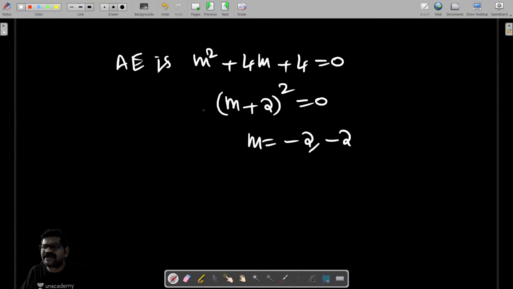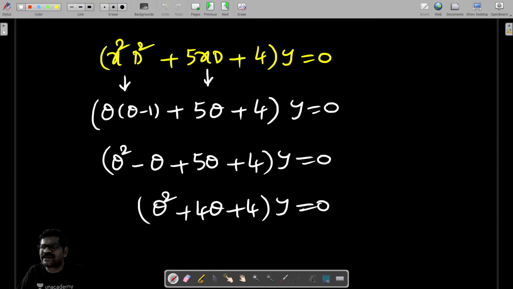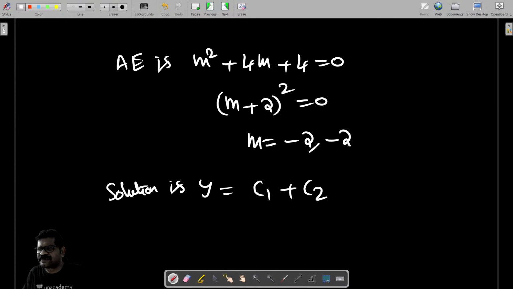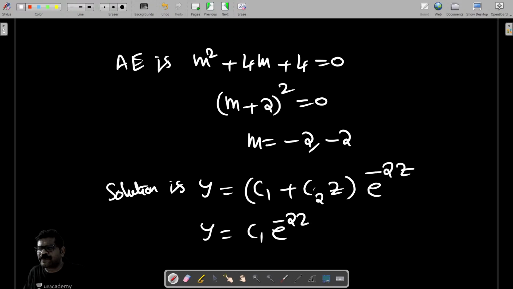Now the solution is y is equal to C1 plus C2 z into e power minus 2z. That is nothing but C1 e power minus 2z plus C2 z into e power minus 2z.